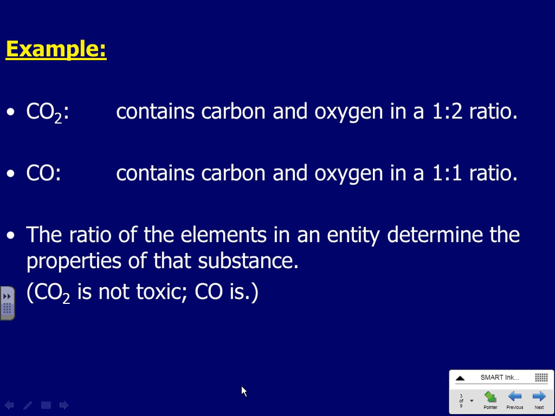We can have a different compound, in this case carbon monoxide, and that's a 1 to 1 ratio in terms of their atoms. And it's this ratio that determines the properties of those substances. If the ratios are different, it's a different substance.